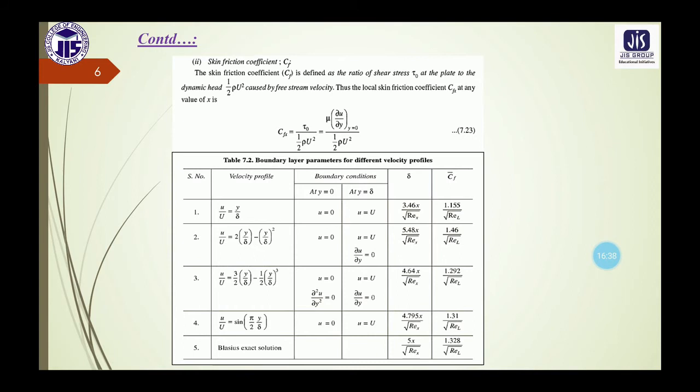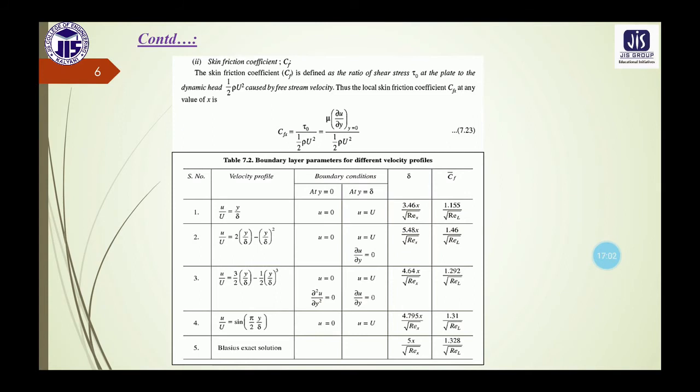Now there is one thing we need to remember to solve the numericals based on these formulas: for number 5, instead of a velocity profile equation, it is written as the Blasius exact solution. This Blasius solution is actually based on the log law and power law.